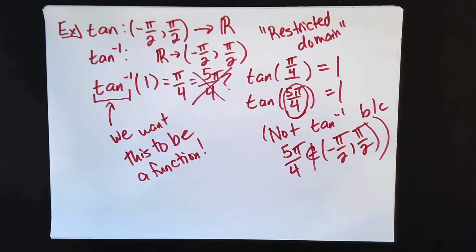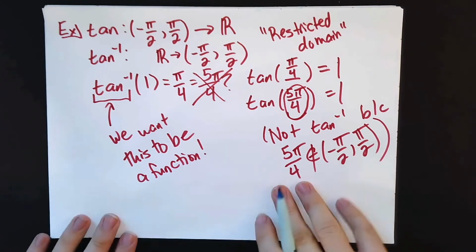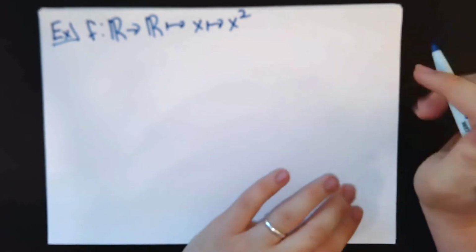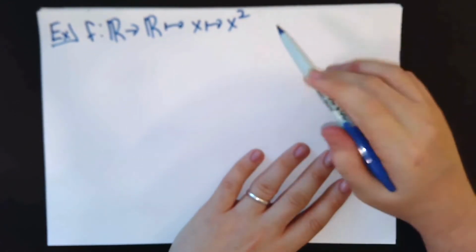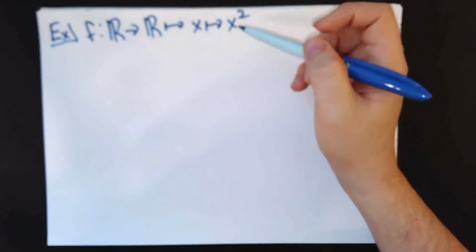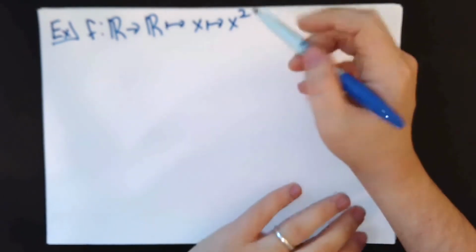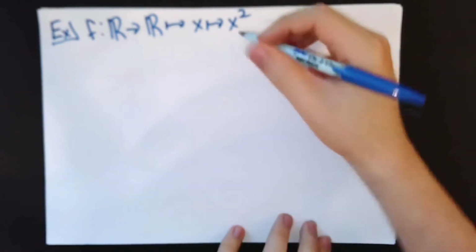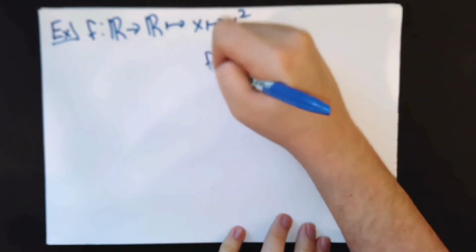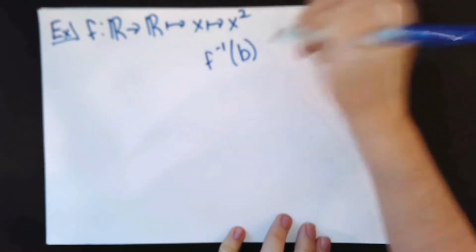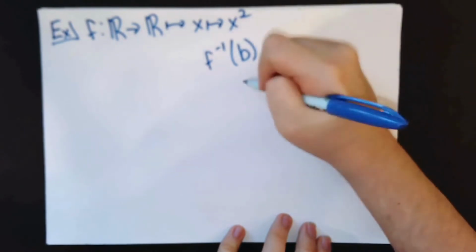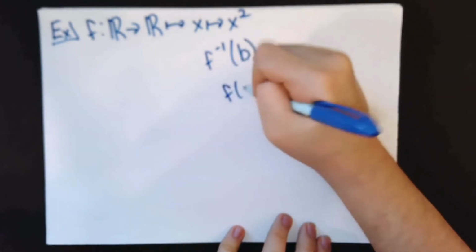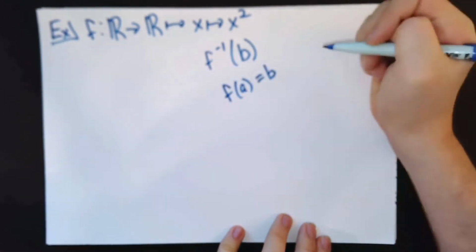So here's another example. And this example has to do with the function x squared. What is the inverse of this going to be? Well, I'm going to be saying, okay, if I'm looking for f inverse of b, that's going to be the a so that f of a is equal to b.